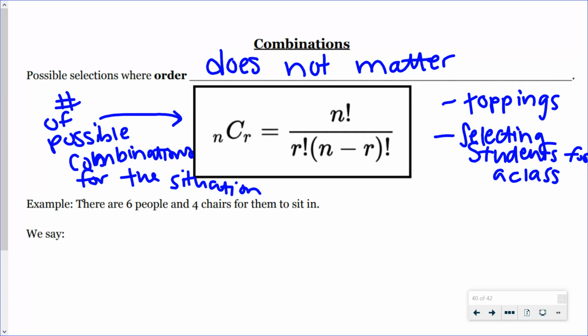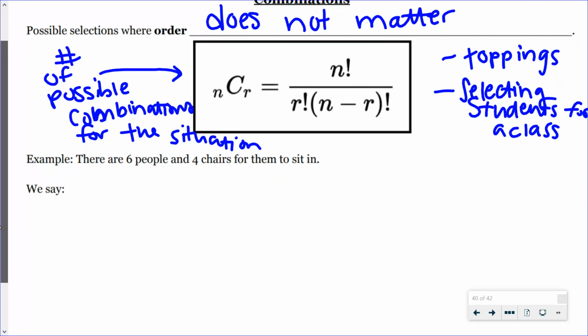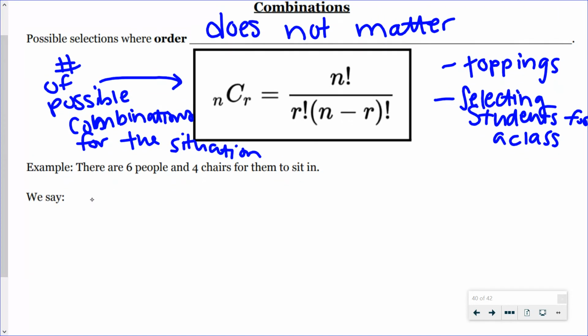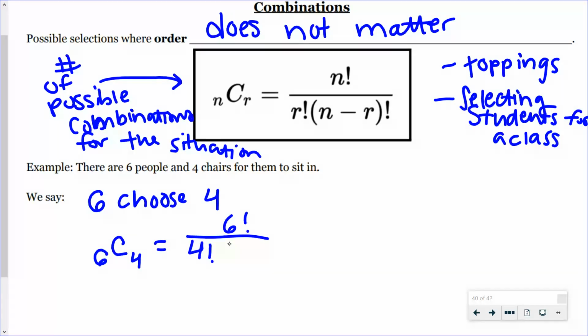So when I have, in my example, 6 people and 4 chairs for them to sit in, we would say we have 6 choose 4, or 6 things and we're choosing 4. And I'm going to plug those values into my equation. So I have 6C4 is equal to 6 factorial over 4 factorial times 6 minus 4 factorial.